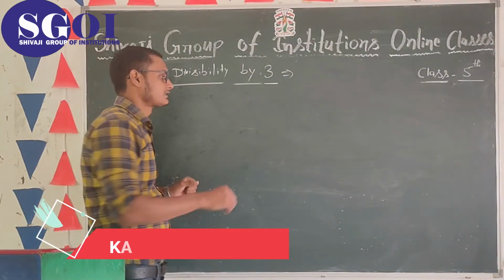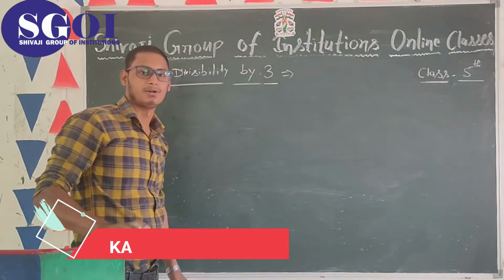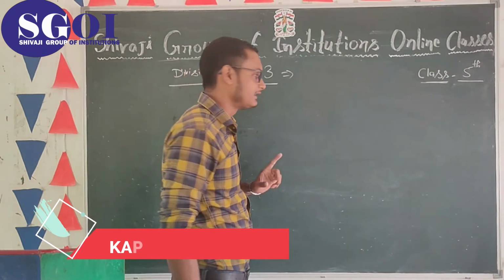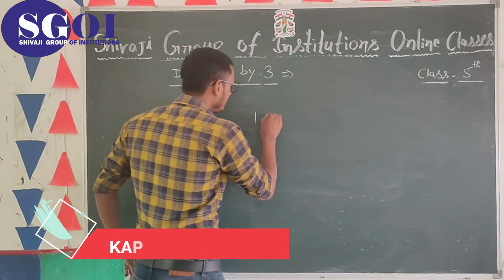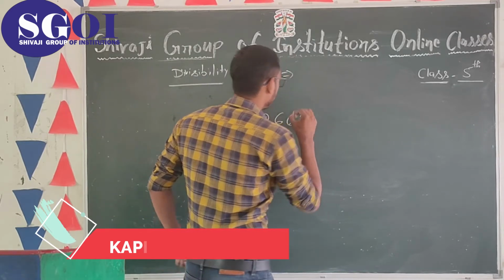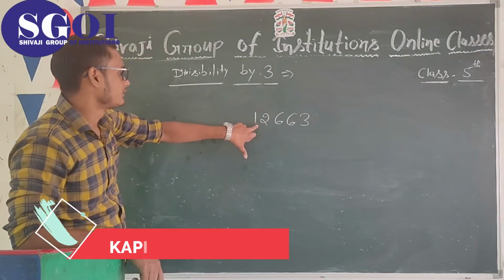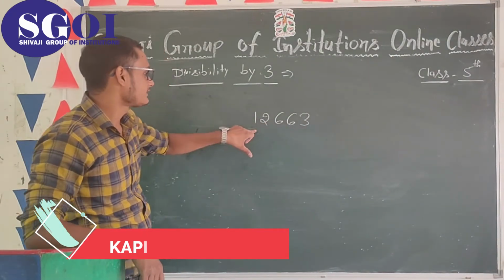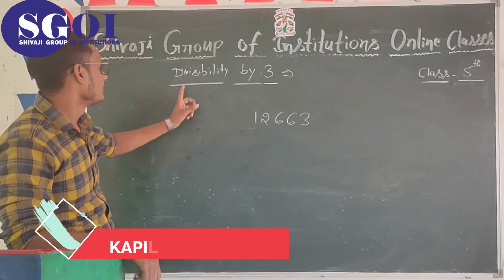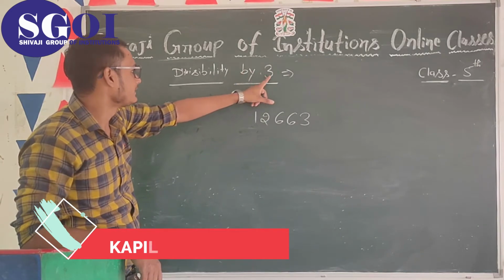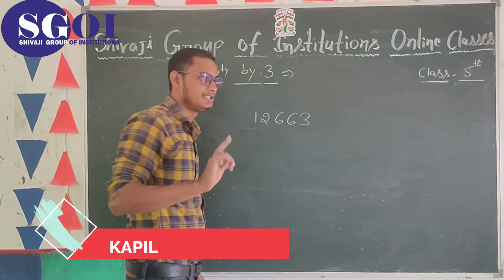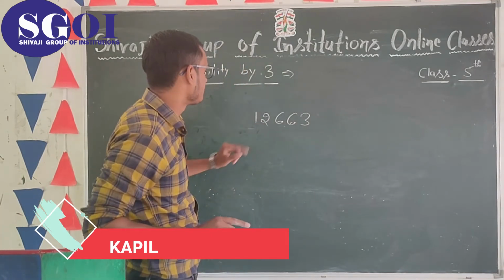Students, if the sum of all the digits is divisible by 3, then the number is divisible by 3. This number is 12,663. Is it divisible by 3 or not? The property of divisibility by 3 is that the sum of all the digits is divisible by 3, then the number is divisible by 3.